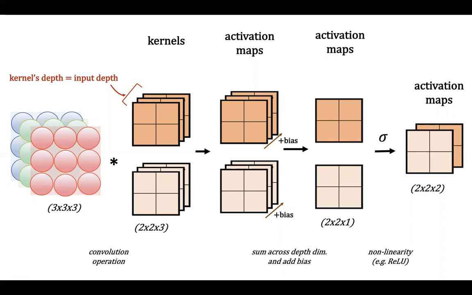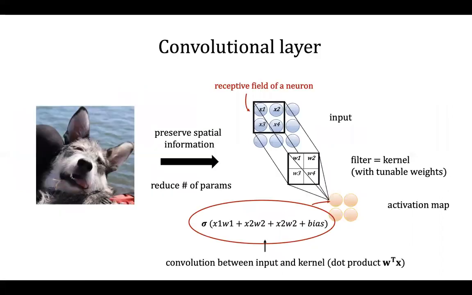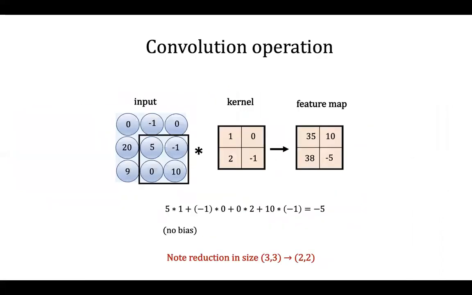So in the previous one, we were doing some calculation with the numbers. Yes, 1, 0, 2, -1, they are tunable, learnable weights.